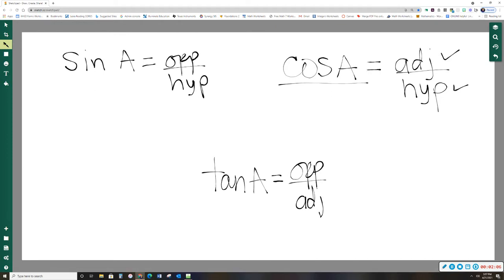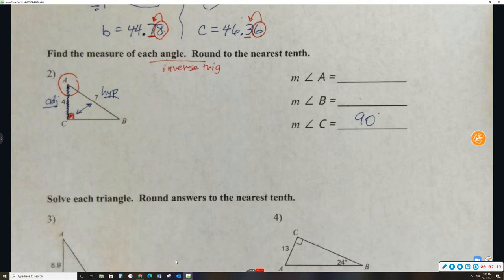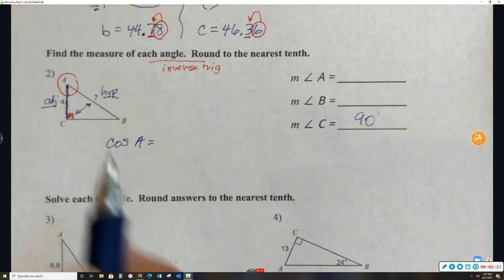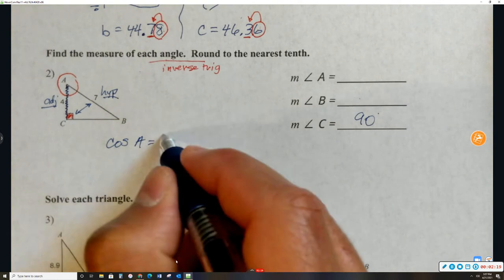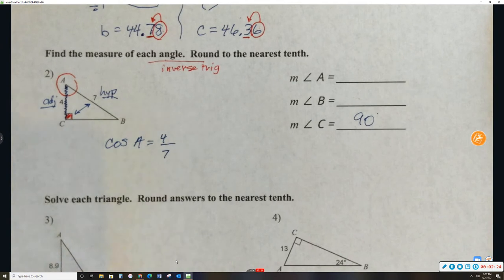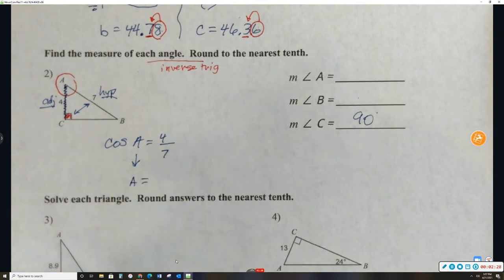Okay, so I'm going to go back and say cosine of angle A is equal to the adjacent side over the hypotenuse. And then again, the last thing we want to do is get A by itself.